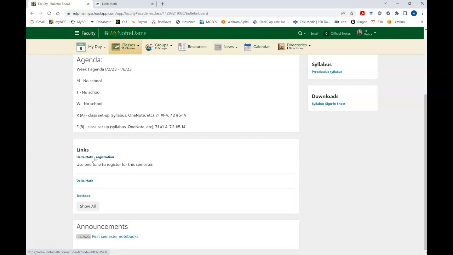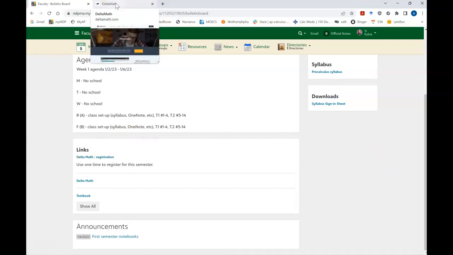You have to pick your Google account, but it's like 10 seconds. Yep, the one that says registration. That link will disappear next week or something. It's only here for a little while, so it won't confuse you later on.